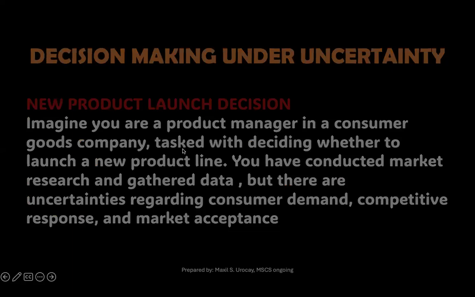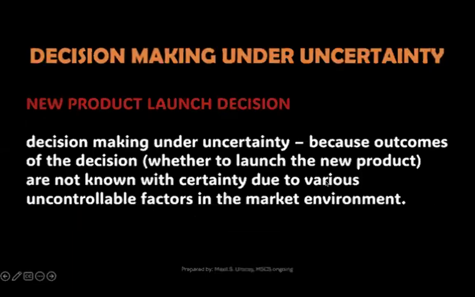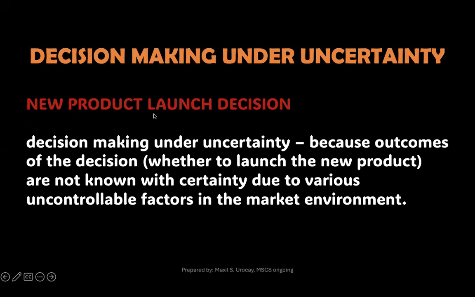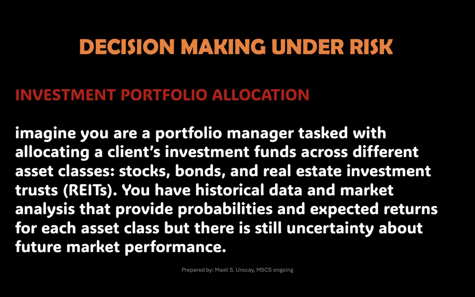Let's move on. This is the explanation: decision making under uncertainty, because the outcomes of the decision, whether to launch the new product, are not known with certainty due to various uncontrollable factors in the market environment. So that is correct. Now, for the investment portfolio allocation, imagine you are a portfolio manager. This is a specific example for decision making under risk.